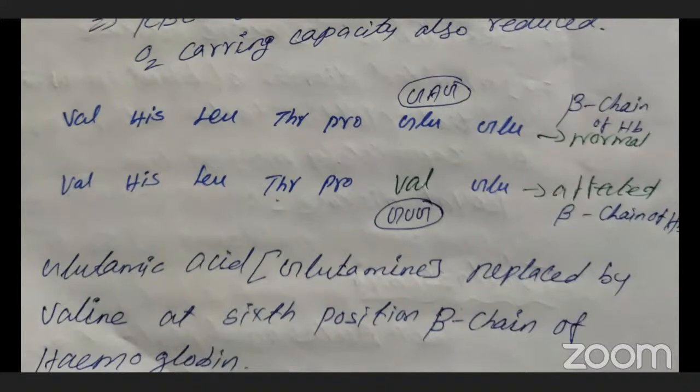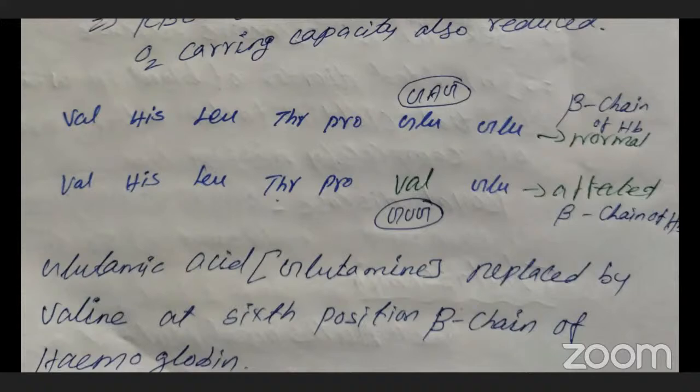The total change occurs in a single base. A single codon is very important for the synthesis of a specific amino acid. GUG is responsible for valine synthesis.